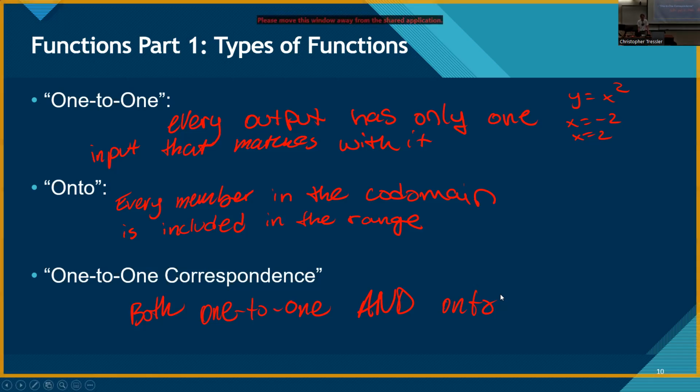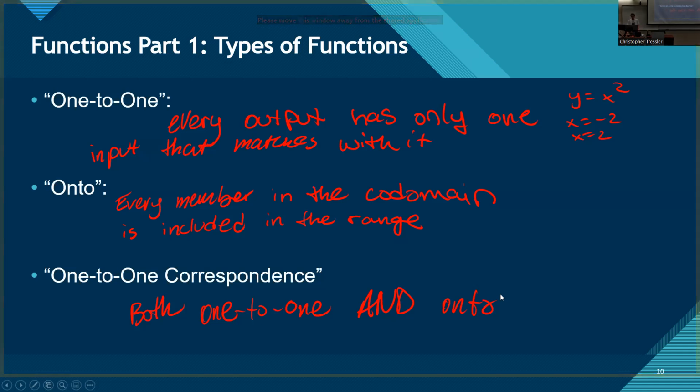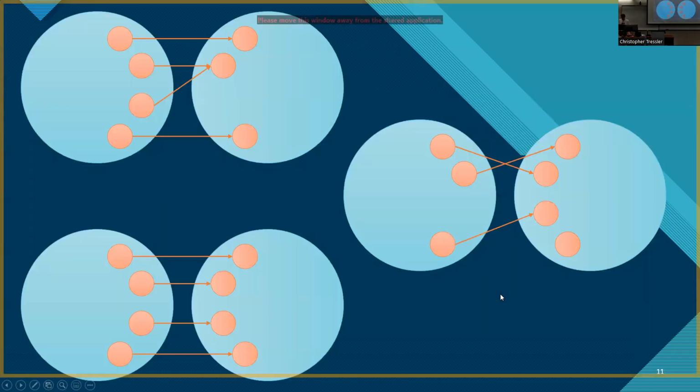Onto is every output has at least one input. But with one-to-one, we definitely could have an output that does not have an input, yes. And we'll see that possibly right here.